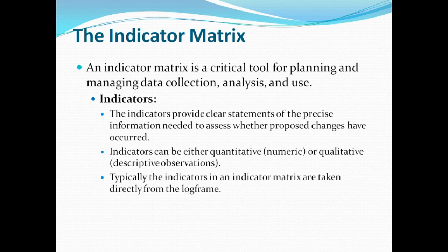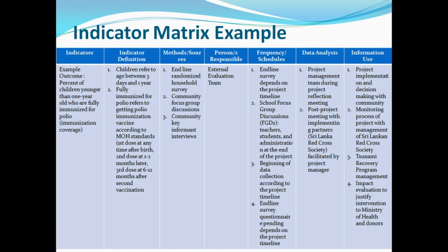Right, so let me show you an example of how you can make the indicator matrix, and I'll discuss whatever goes on that matrix in further detail. Now here is an example of an indicator matrix. As you can see, the first is the indicator.